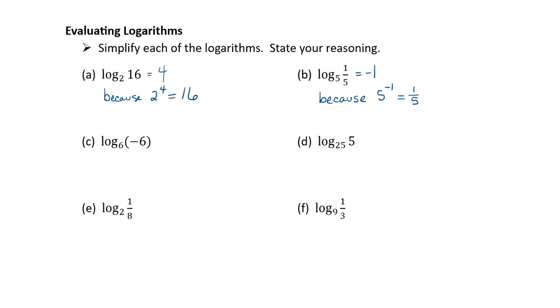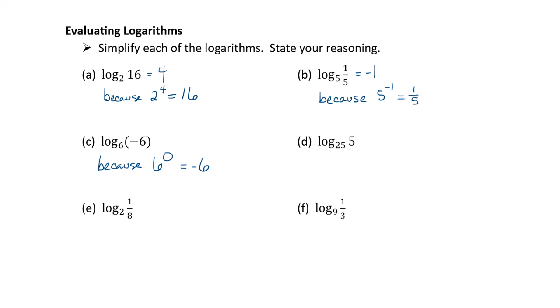Log base 6 of -6. Let's start with the reasoning. We need to know what exponent we would place right here to turn 6 into negative 6. Now let's reason this out. If I put an exponent that is larger than 1 on the 6, it's going to make it a larger number, not negative 6.